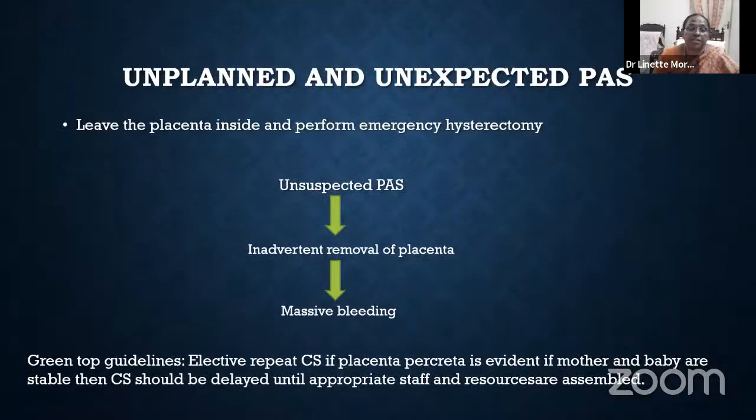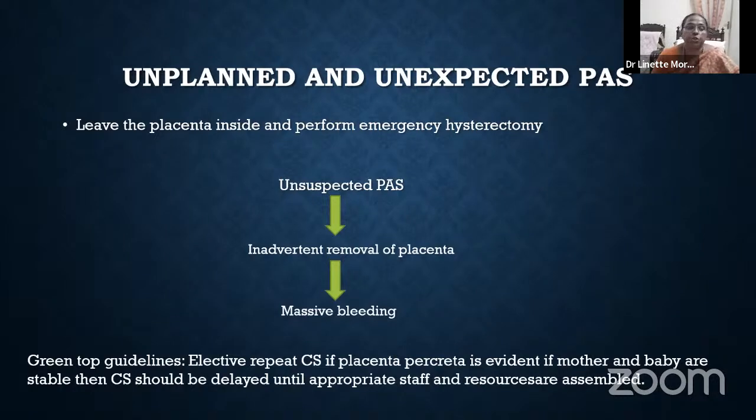Now, the worst scenario is an unplanned and unexpected placenta accreta spectrum. In this case, we have to leave the placenta in situ and perform an emergency hysterectomy. If an inadvertent removal of the placenta is tried, this could lead to a torrential bleed.